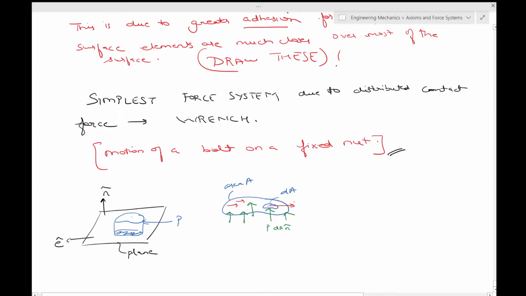That will be minus tau dA in the direction E.